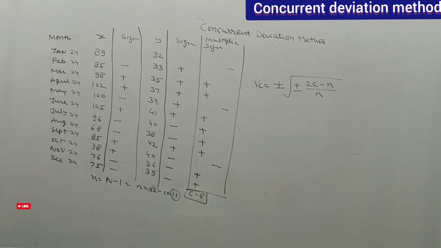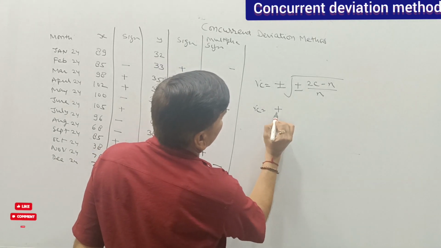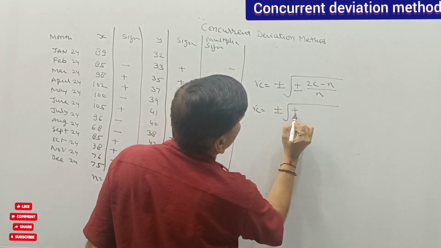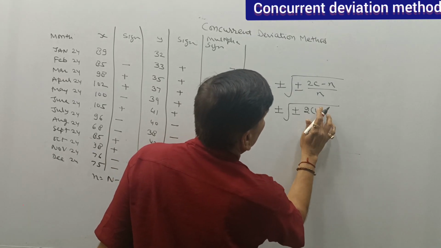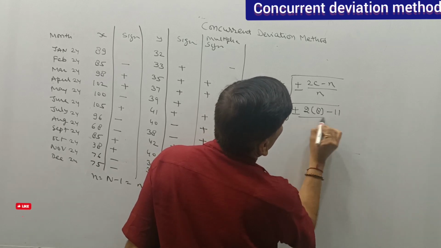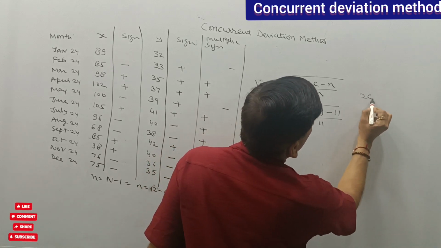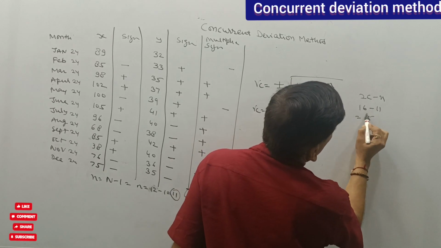Now we will keep plus and minus under the root. The value of C is 8, so 2C minus n is 16 minus 11, which is 5, a positive value.